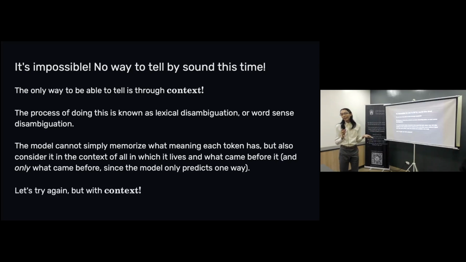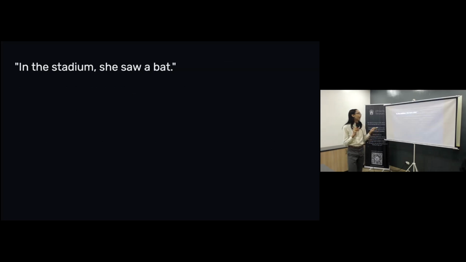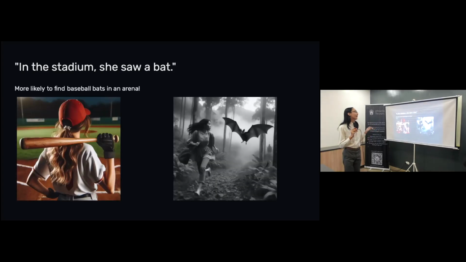So let's try that exercise again, but with context. In the stadium, she saw a bat. Now with that clause right there, that gives you a lot of clues. So now you will be more able to confidently say, okay, I'm more likely to find baseball bats in an arena, so I will take this interpretation.